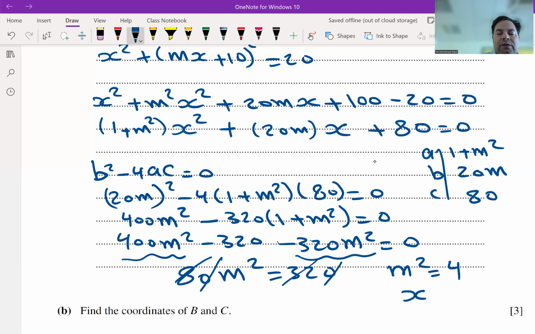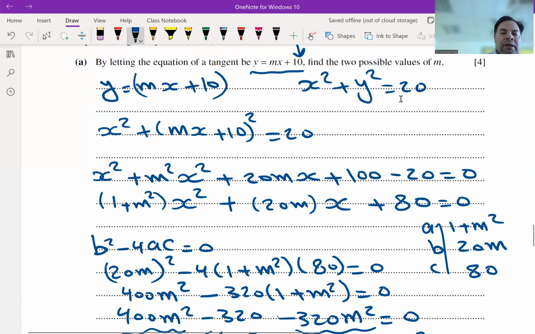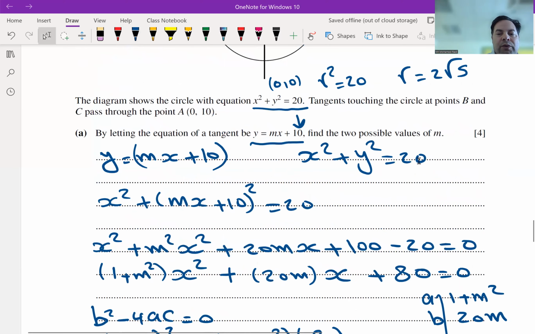By taking the square root, m is equal to positive or negative 2. These are the values of m. It asked for the two possible values of m.